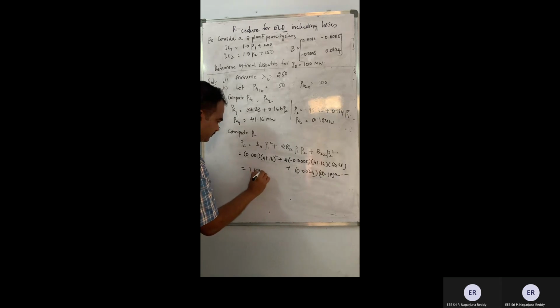Let's calculate these values. Okay, so 0.001 into 41.16. This is 1.694.